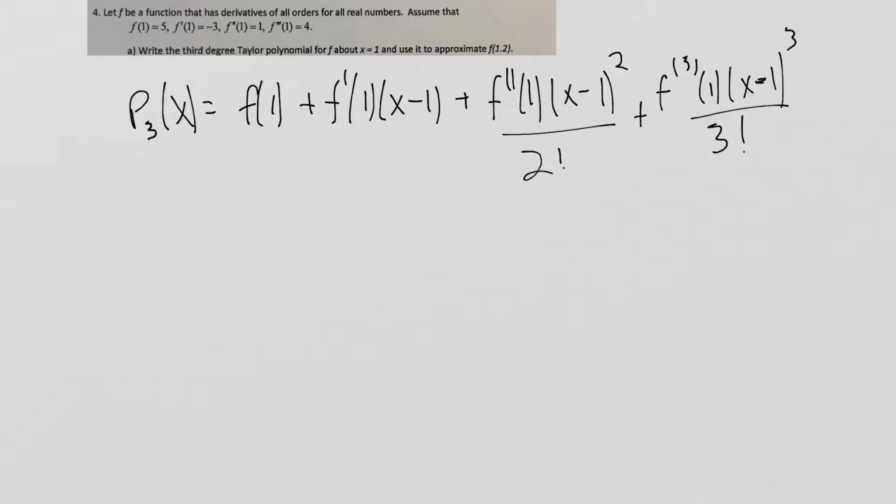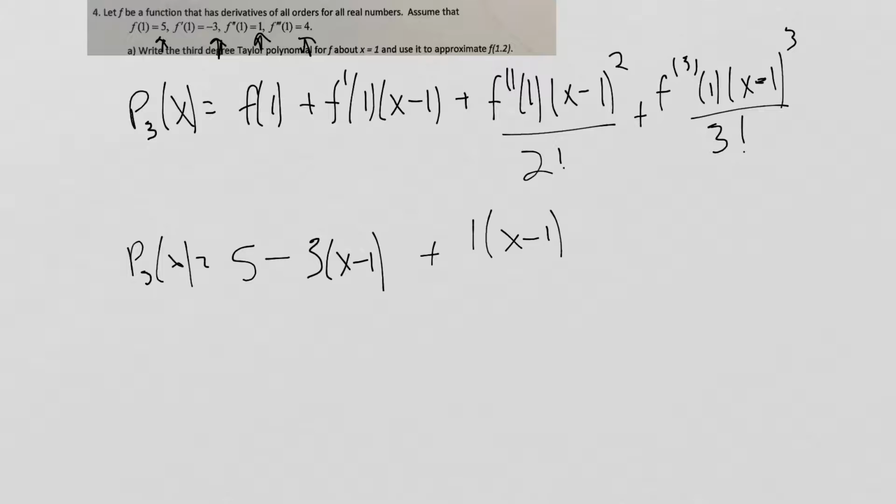So all I do is plug in all my different derivative values here where appropriate, and I get that p sub 3 of x is equal to, I get 5 minus 3 open parentheses x minus 1. Next one's positive, so I get plus 1 times x minus 1 squared over 2.